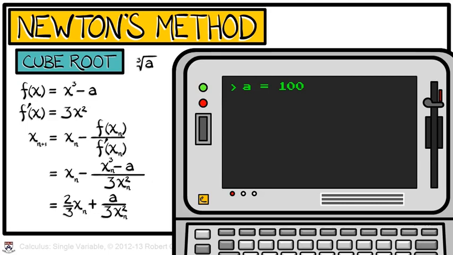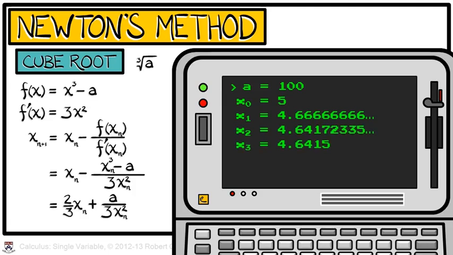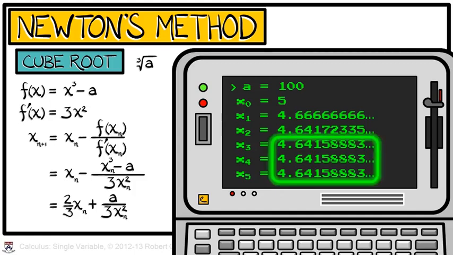We need to make a guess. I know that the cube root of 125 is 5. So let's use that for our initial guess. And then doing the computations gives a value that seems to be converging extremely quickly. Even after 3 steps, we've got as many digits of accuracy as represented on this computer. So what we see is that sometimes Newton's method converges very quickly.